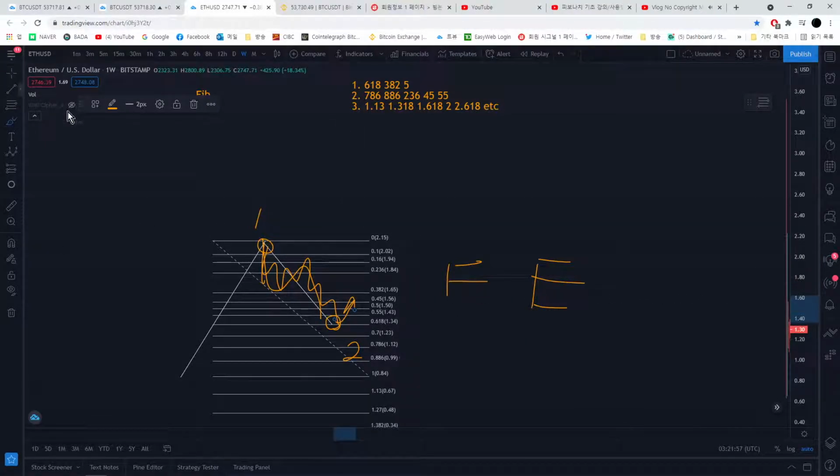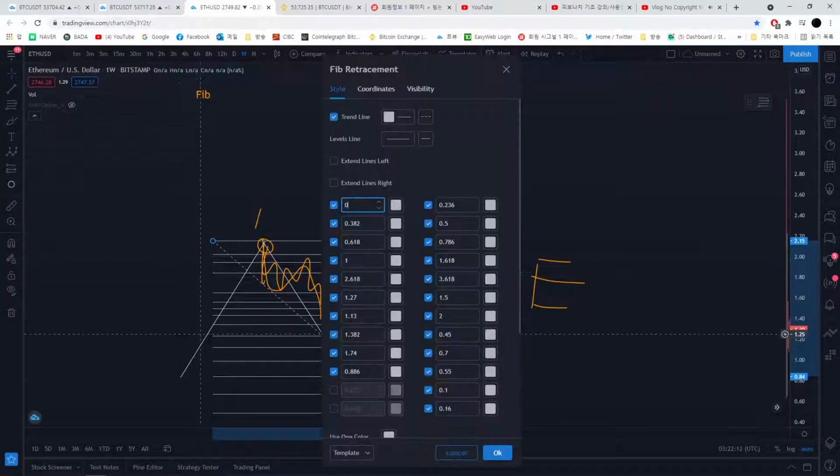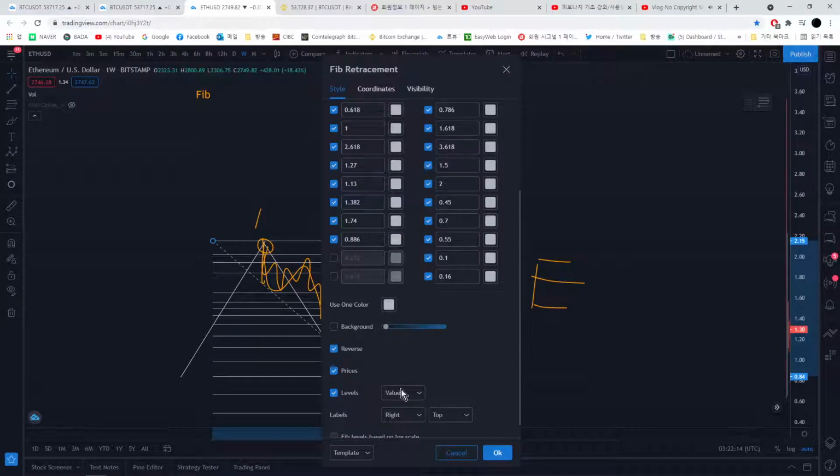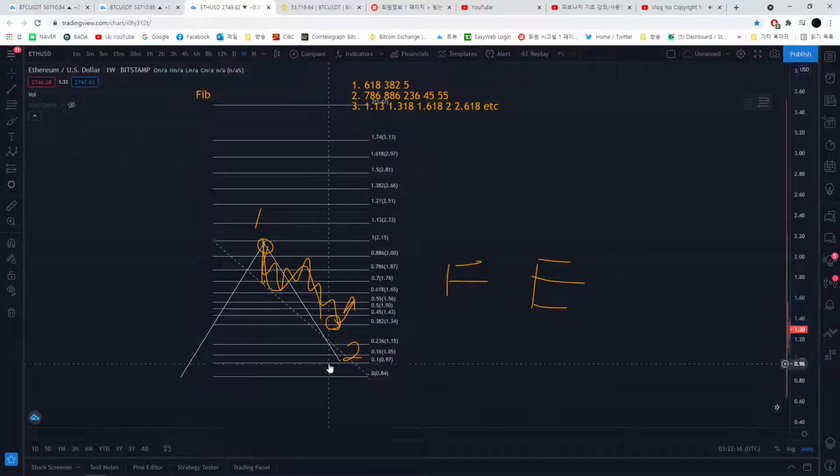Okay, sometimes the whales will give the correction down to this area right here. Okay, even 0.786 or even lower. In that case, okay, let's make this opposite actually. It's easier. Okay, so between these area.